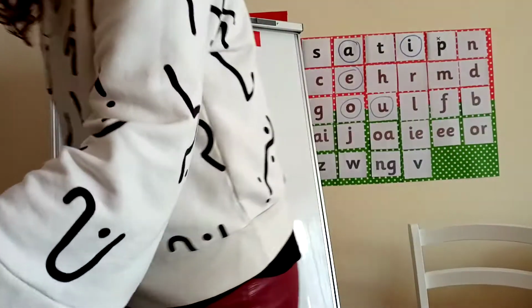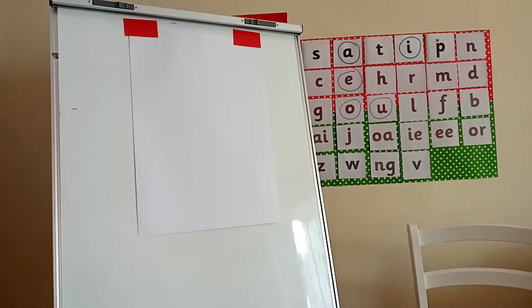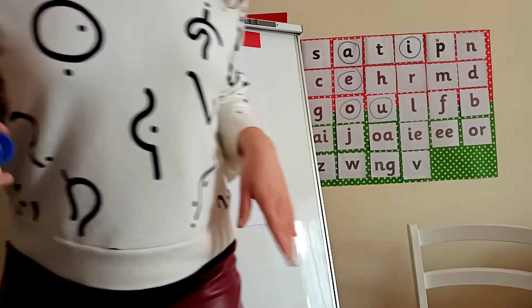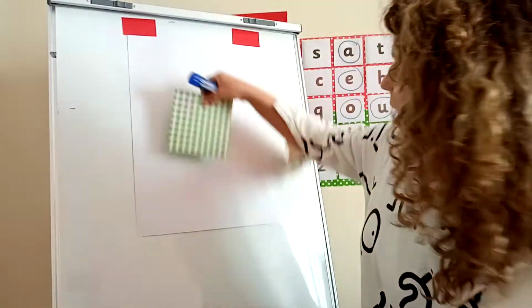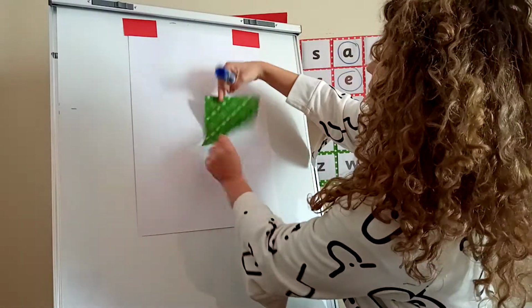I just need to take glue and we'll start building an insect together. So it's gonna go like this. First, I'm going to need this square and I'm going to use this side to be visible.